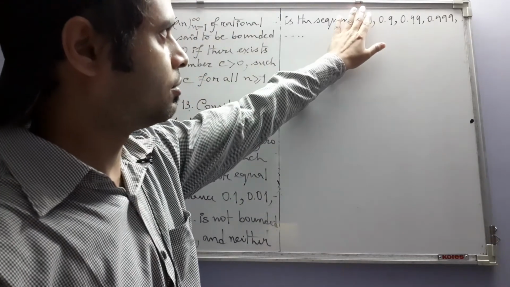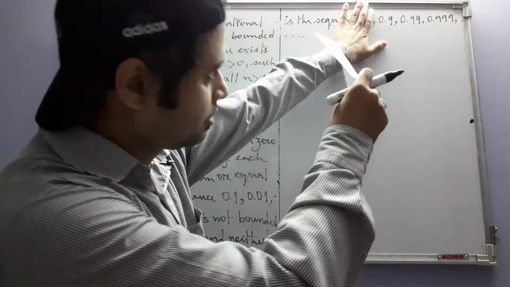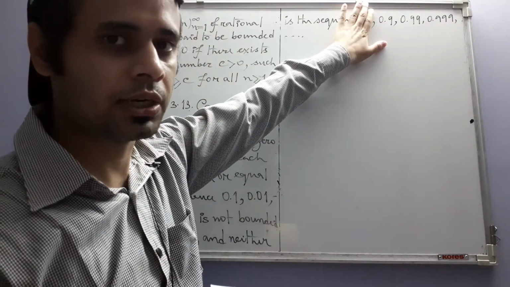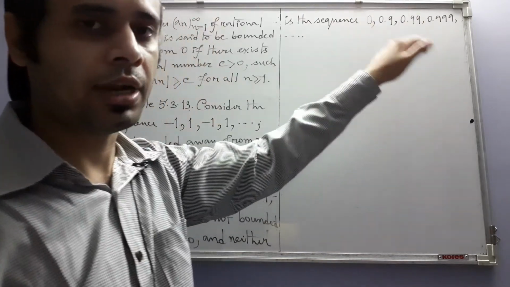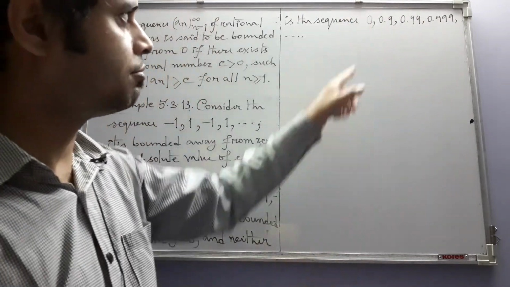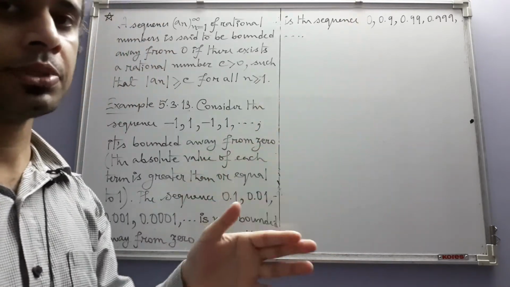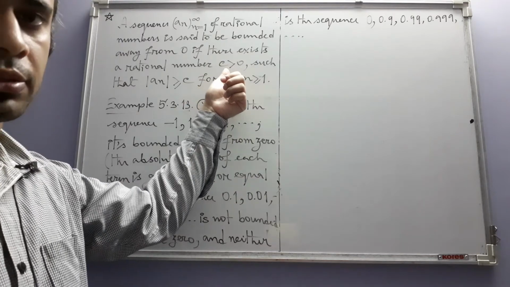So if the first term were not there, then that sequence would have been bounded away from 0, because all the terms would have absolute value greater than or equal to 0.9. However, 0 cannot have absolute value greater than or equal to some positive rational number.